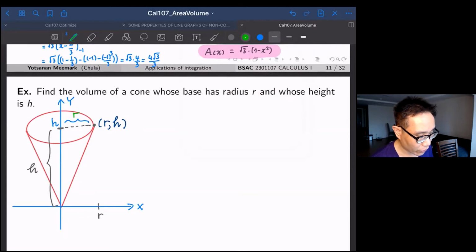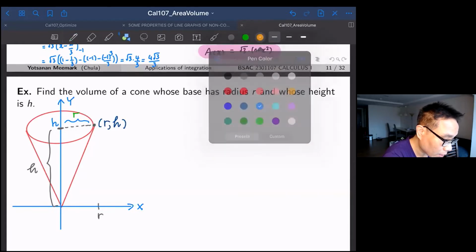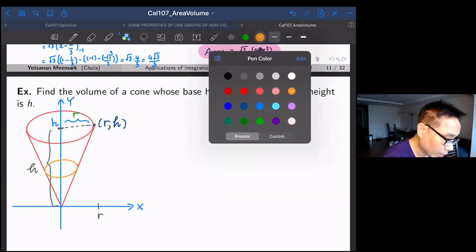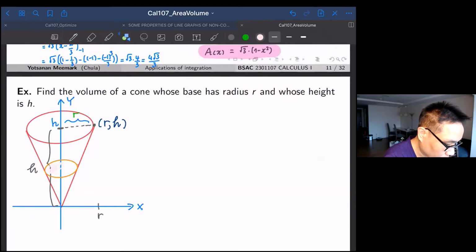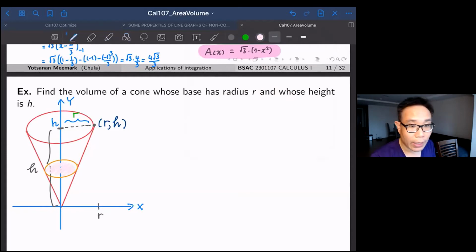So you have this picture and you're going to compute the cross section. The cross section turns out to be this cross section, as you can see here. For the area of the cross section, you use the subdivision.